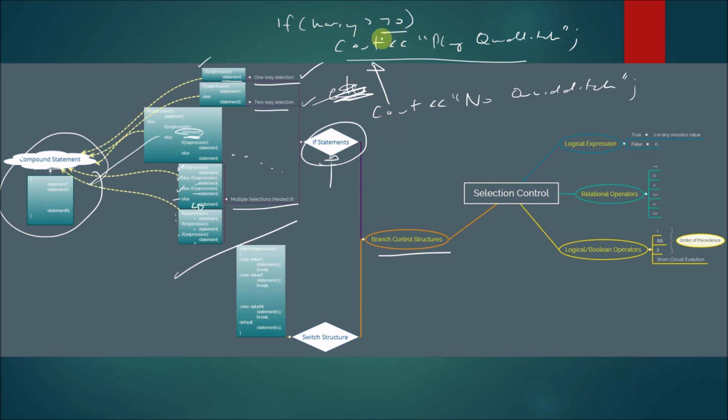If Harry scored a 60, in other words, C++ would automatically kick it down to cout no Quidditch.